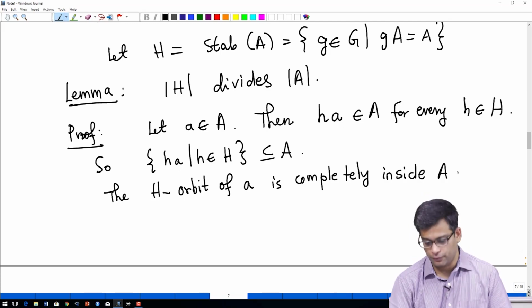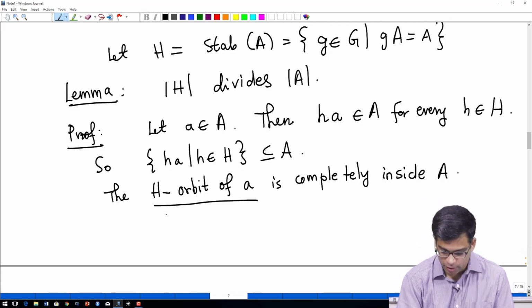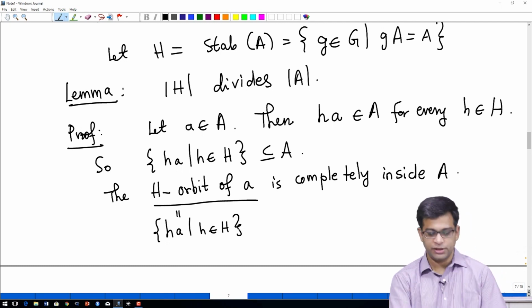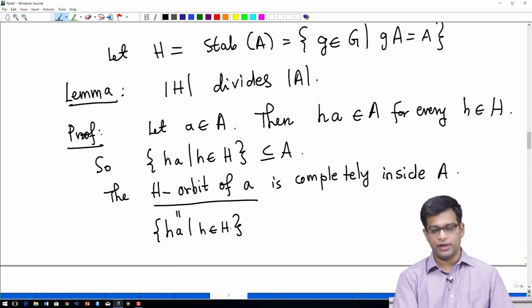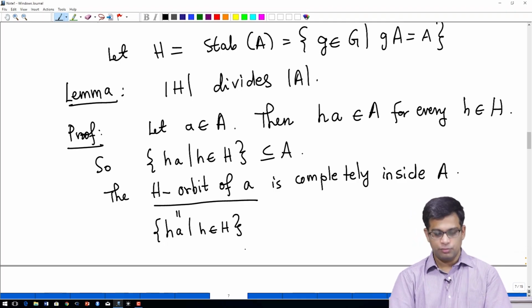What is the H orbit? It is simply what I wrote earlier: ha, as small h is in H.